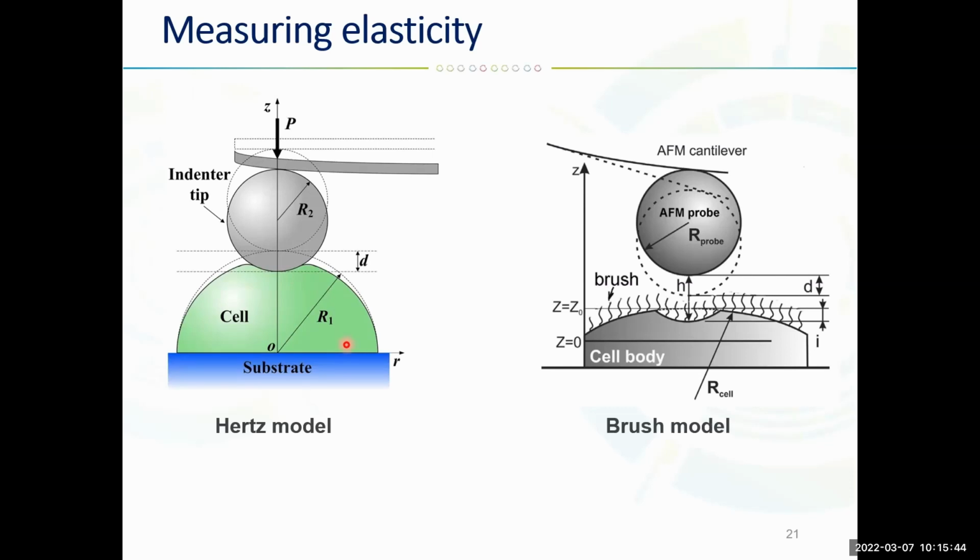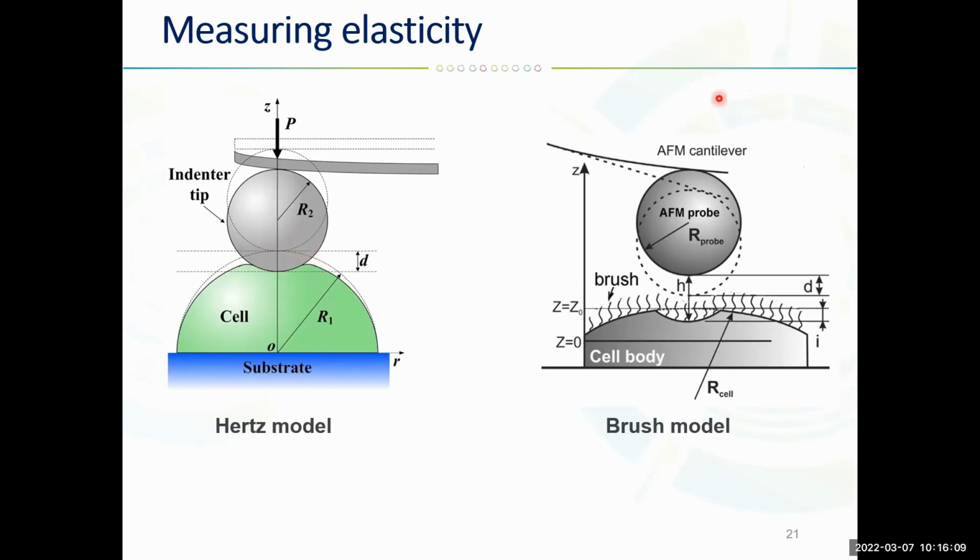This homogeneity of the cell material may be considered a reasonable approximation for small deformation. Here this D shows the deformation of the cell surface. But this kind of approach is a bit too simple if the deformation is large.